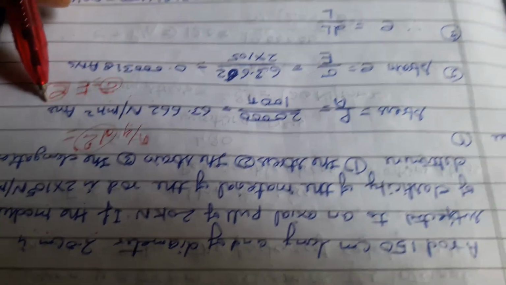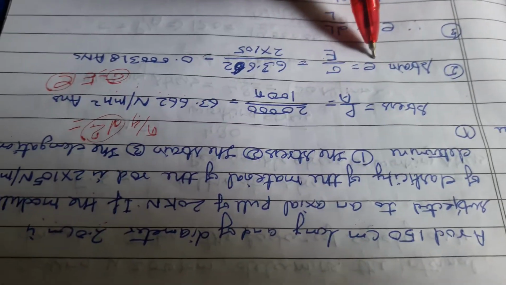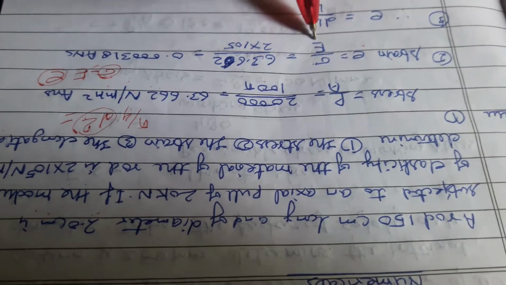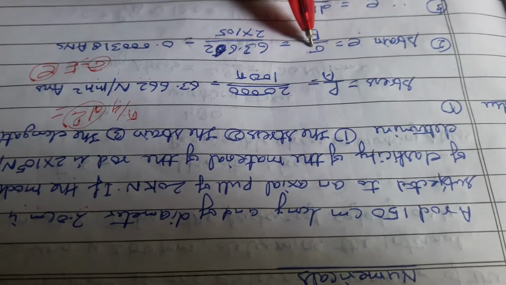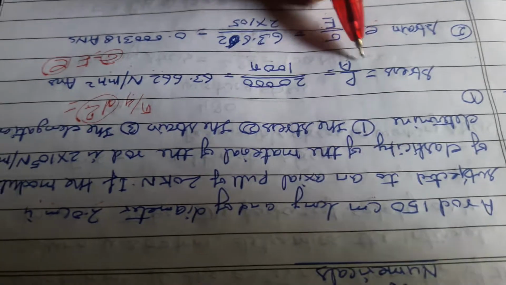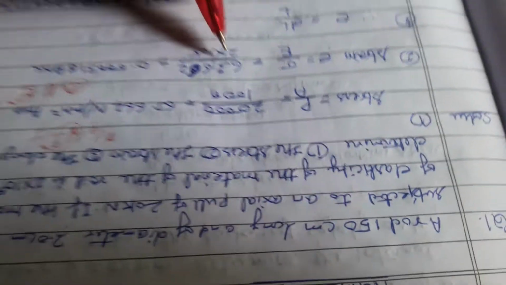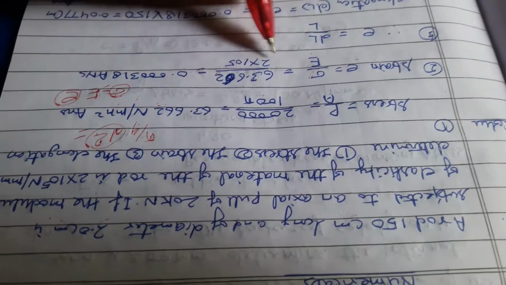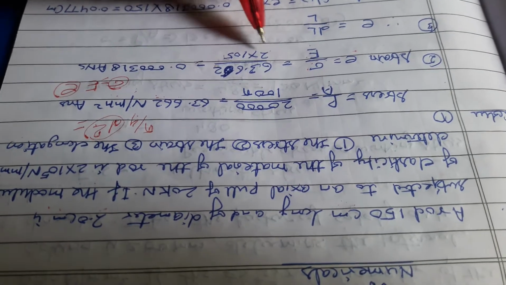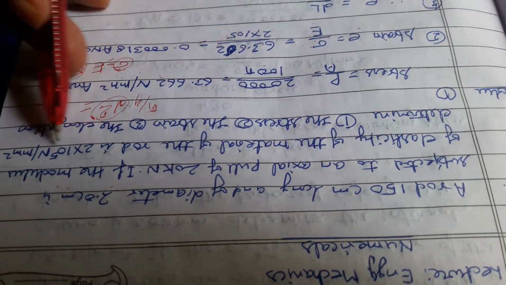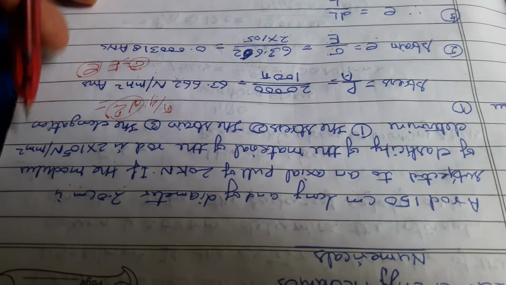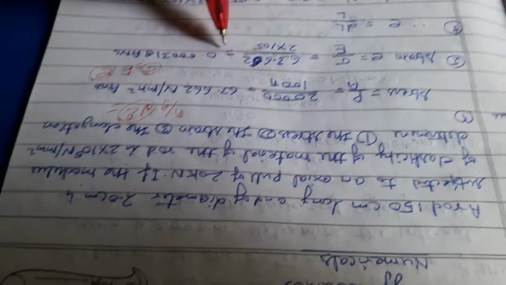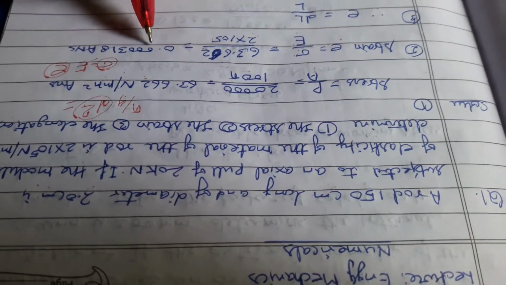So strain e is equal to sigma upon E. As you calculated in the previous section, sigma is 63.662. By putting this value of sigma divided by modulus of elasticity, that is given in the question as 2 into 10 to the power 5 Newton per mm square, you get the value of strain, that is 0.00318.